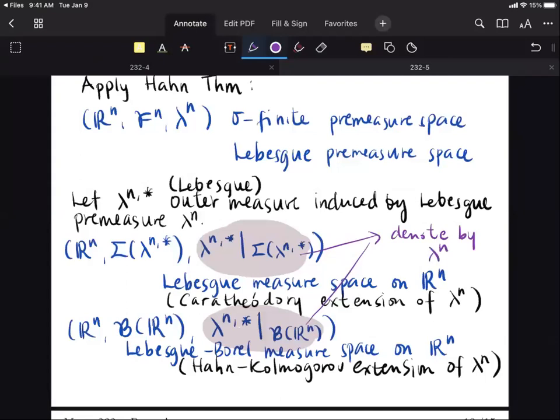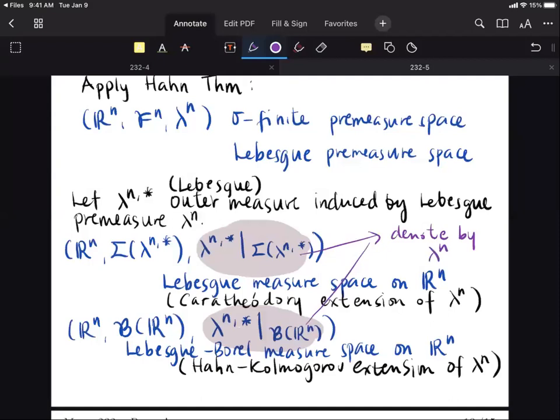Okay, so this lambda n will either refer to the Lebesgue pre-measure, the Lebesgue-Borel measure, or the Lebesgue measure, depending on the set that we are applying to this measure. The context will be applied. In other words, if your set is, let's say, a Lebesgue measurable set, then you should use the Lebesgue measure. If your set is a Borel set, then you can use the Lebesgue-Borel measure.